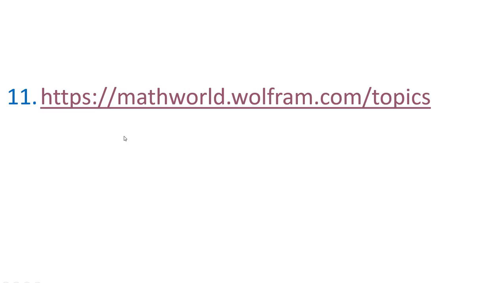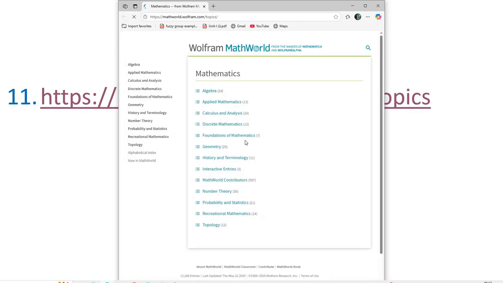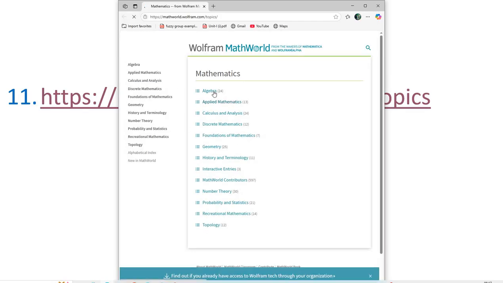Next, you have a lot of project ideas on this website. If we go to this wolfram.com web page, you have got algebra, applied mathematics, calculus and analysis, discrete mathematics, foundations of mathematics, geometry, history and terminology, number theory, probability and statistics, recreational mathematics, topology.